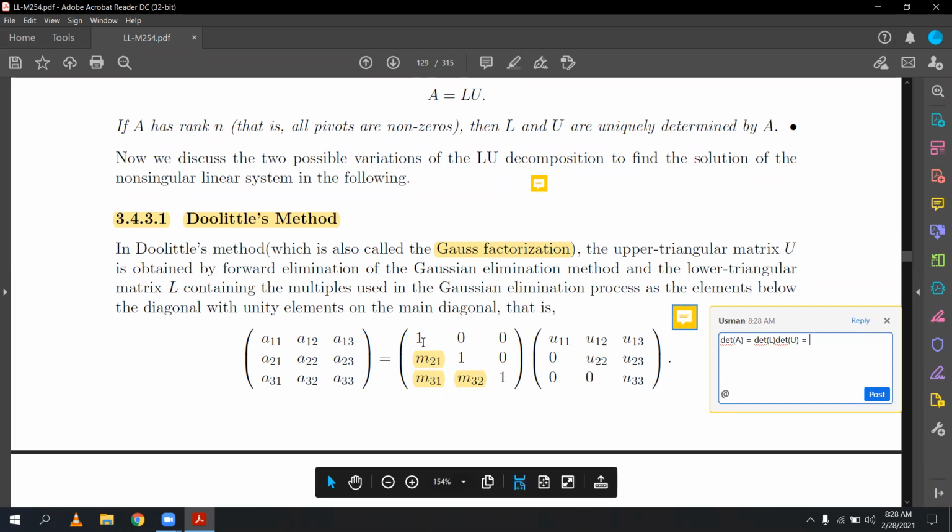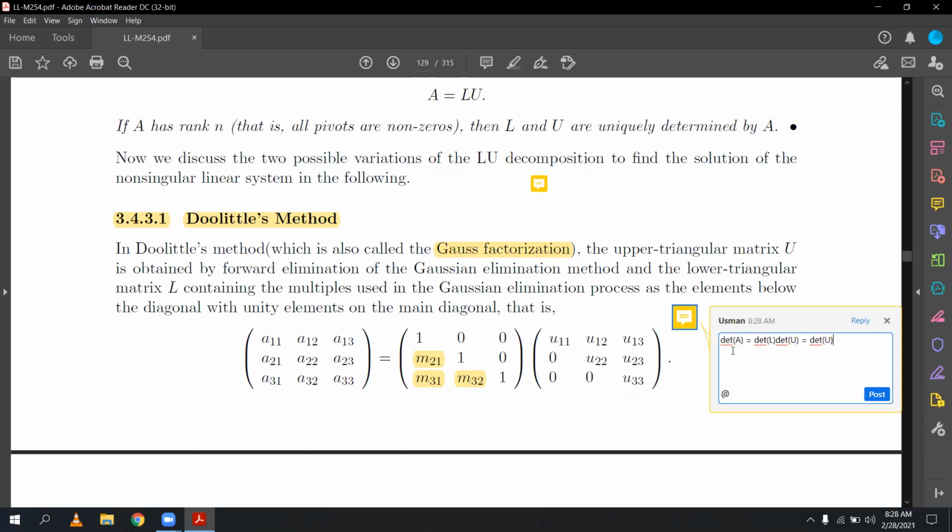Any student? What is the determinant of L? 1. So it means determinant of A always equals determinant of U in the case of the Doolittle method.